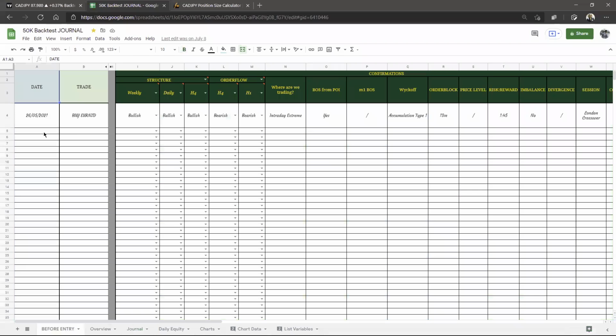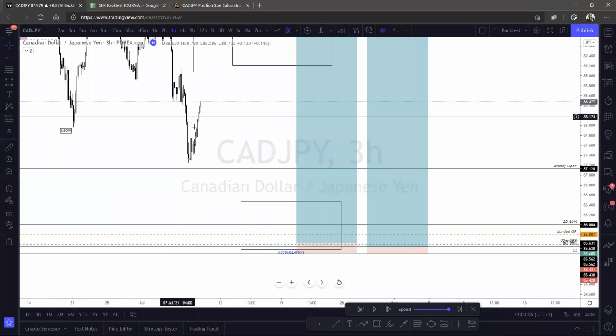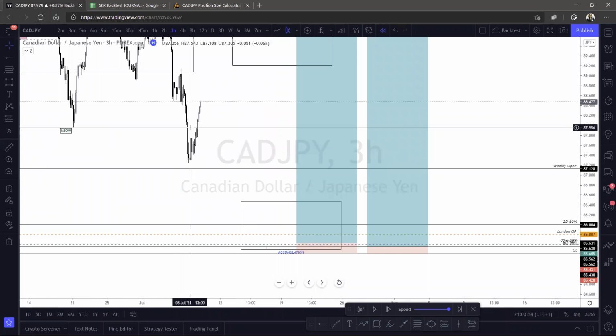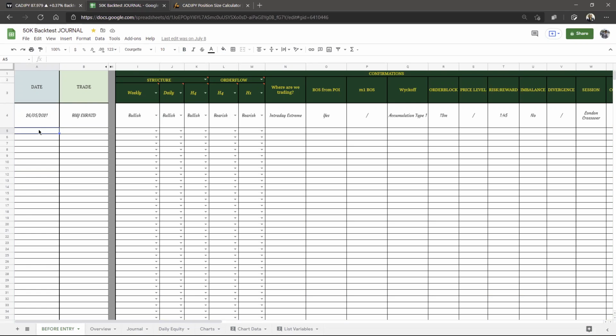Okay, so today's date is what? Now we'll put it as if we're doing it. Today's date, 8th of July 2021, buy CAD JPY.